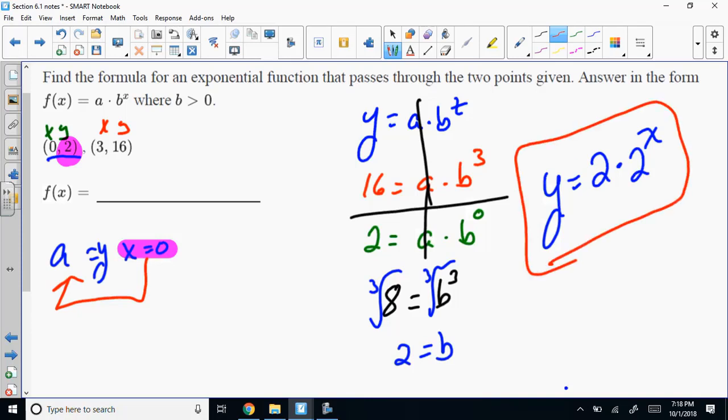Yeah, 2 is the initial value. We found that the base happened to be 2. So 2 times 2 raised to the x. If you want to check it, plug 3 in there. 2 raised to the third power is 8. 8 times 2 is 16.